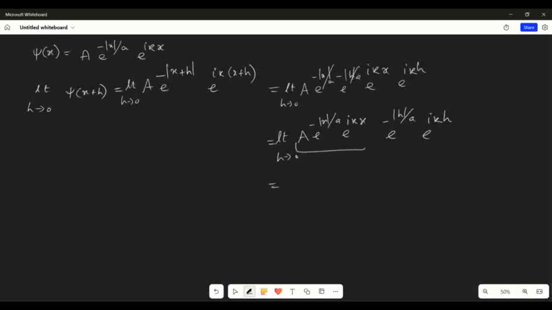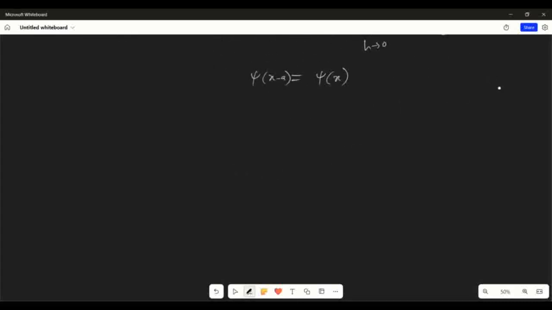So this part is nothing but psi(x), and limit h tending to 0 of e to the power minus, let's put the value 0, by a and e to the power ik into 0. So exponential 0 is 1, so this is equal to psi(x).